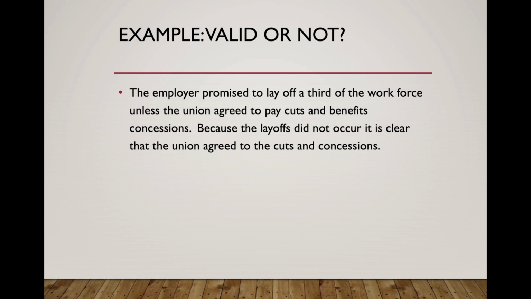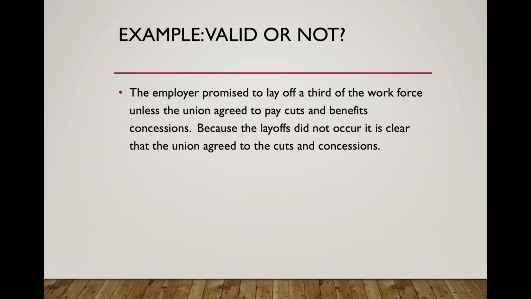Let's note that, but put that aside for the moment, and then think about the relationship of the second premise, because the layoffs did not occur, to the conditional statement, which says if the union does not agree to pay cuts, then there will be a layoff of a third of the workforce, okay? So in this case, we have a second premise that says the layoffs did not occur. That refers obviously to the consequent of the conditional statement.